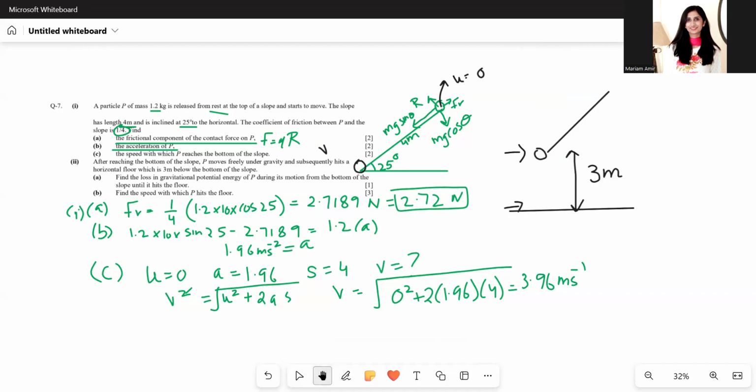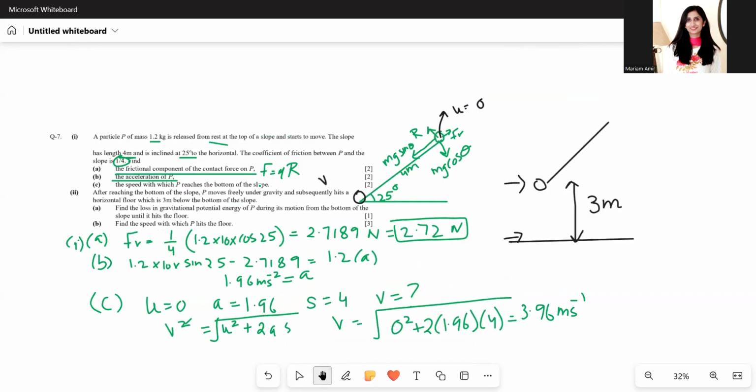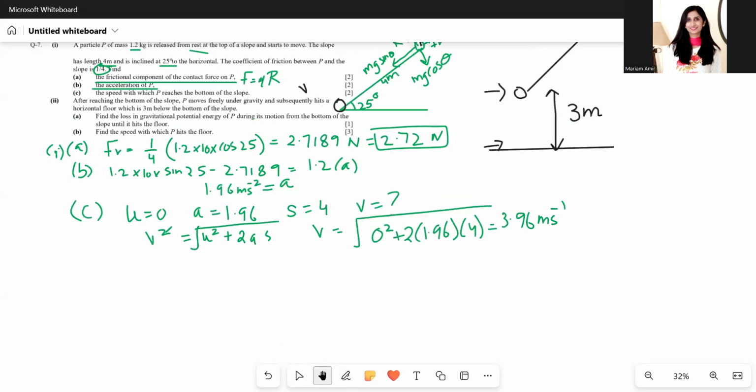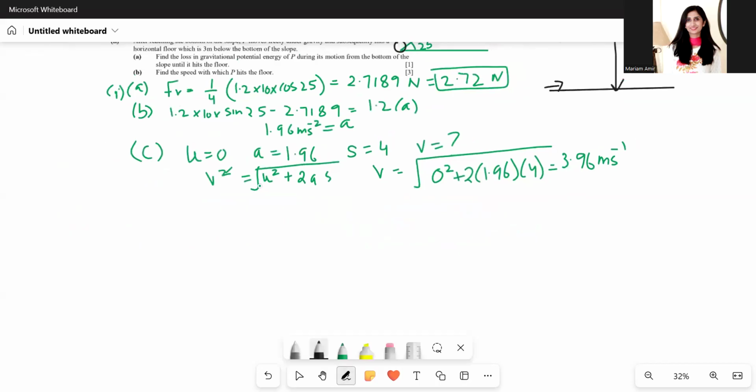So part 2, part A, is mgh. m is 1.2, g is 10, and h, the difference in height, is given. 3 meters, so it is 36 joules.